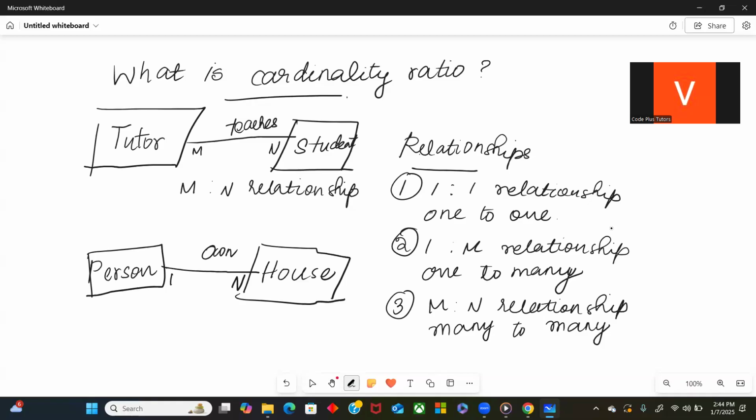If it is going to be a joint property, then we can call it a many to many relationship. If you assume that a house is going to be owned by only one person, then it is going to be one to many. Also, a relationship can have min max in your cardinality rather than just a single value. That is the next thing we are going to talk about.